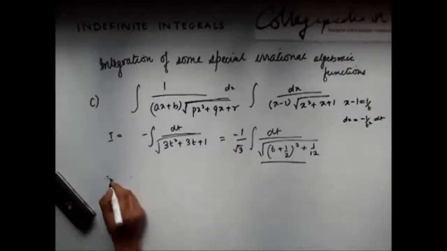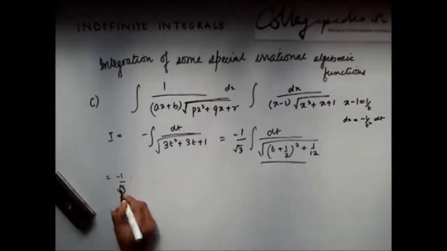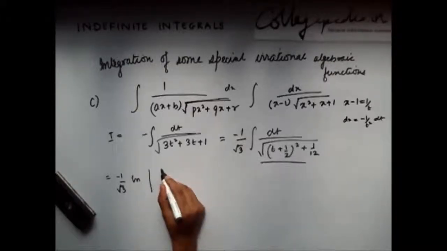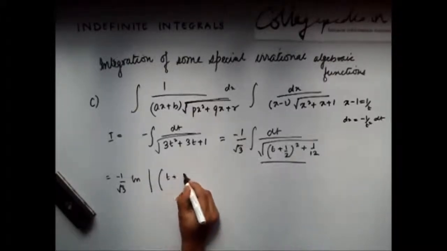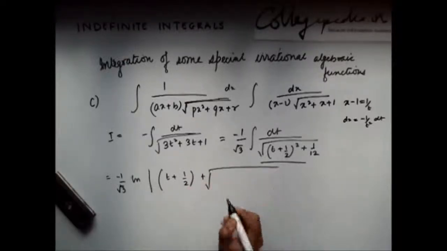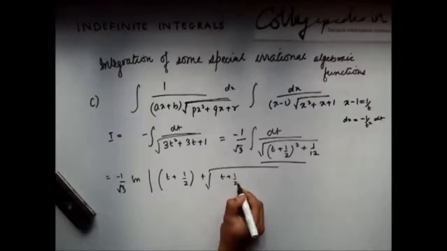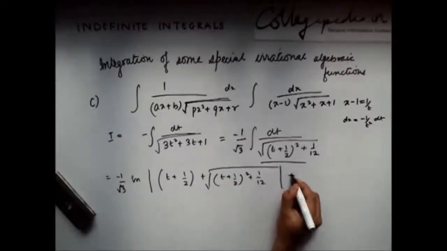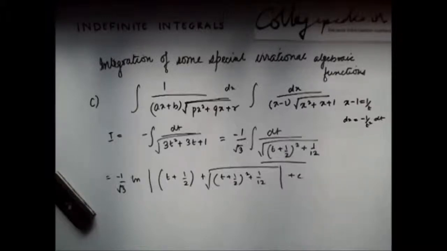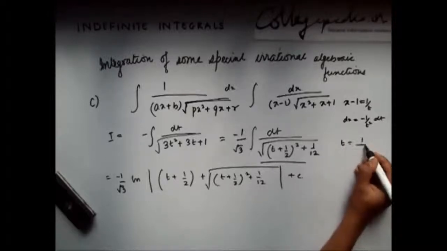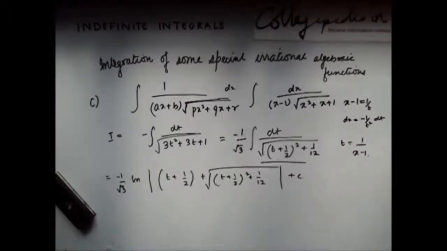Now you know that this is an integral of a standard form whose solution we can write as minus 1 by root 3 ln of t plus half plus square root of t plus half whole square plus 1 by 12, plus a constant c. Now I'll replace t with x. Since x minus 1 is 1 by t, t becomes 1 by x minus 1.